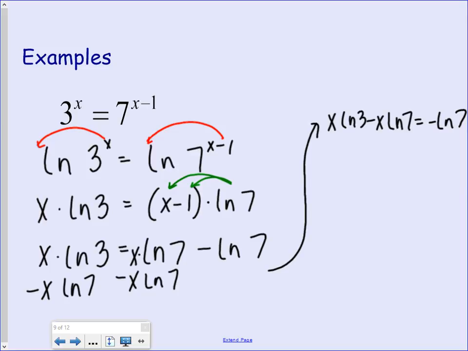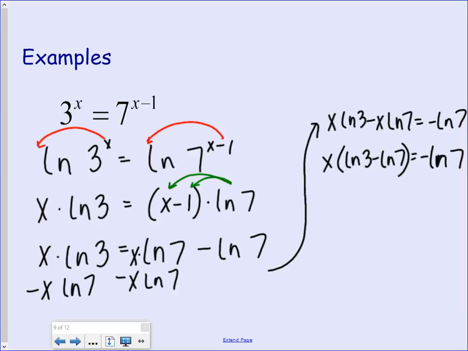At this point, you could do in your calculator natural log 3 minus natural log 7, and you'd get a decimal, and you could have that be your coefficient to x. You could also factor out the x from both terms if you didn't want to round.